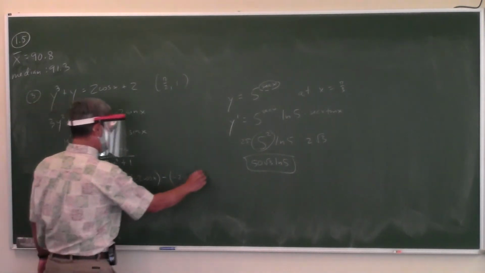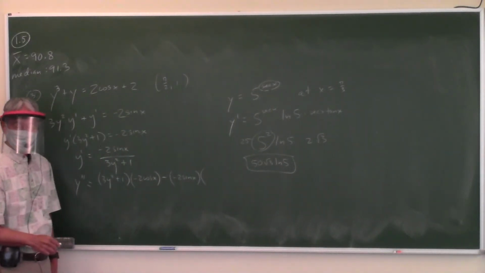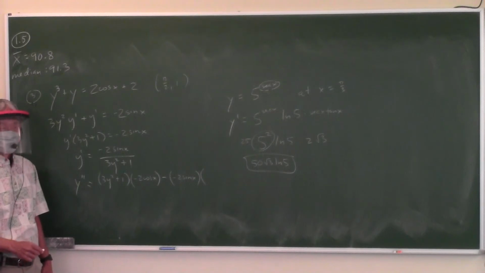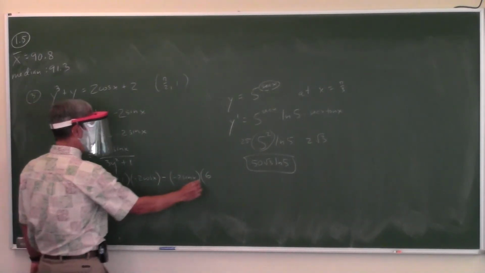You can do whatever you want, as long as it's correct. So 3y squared plus 1 times negative 2 cosine x minus 6y times y prime, plus 0.